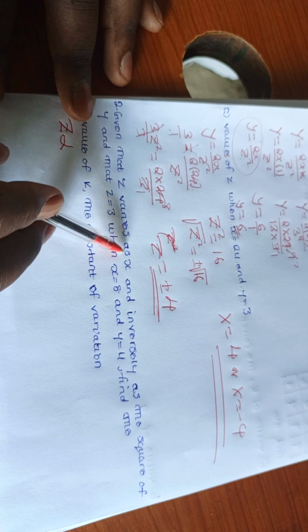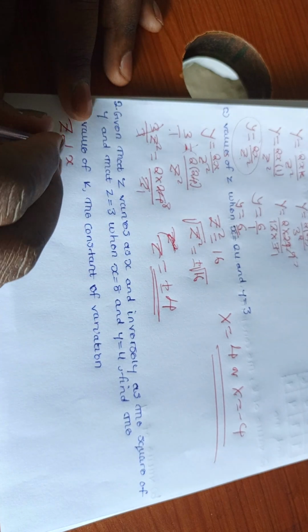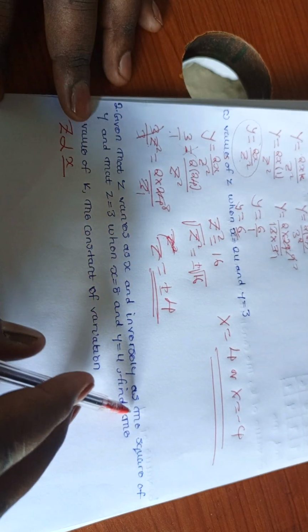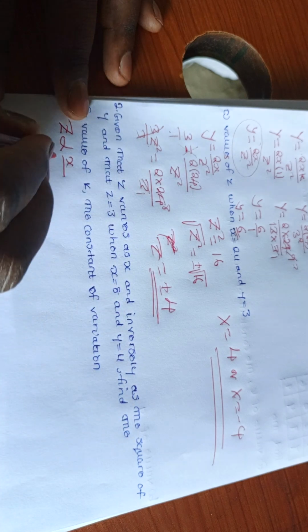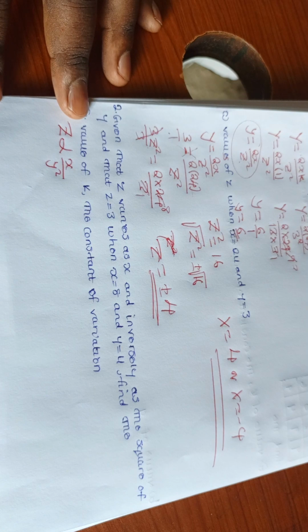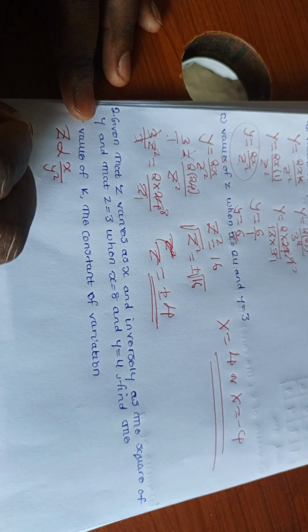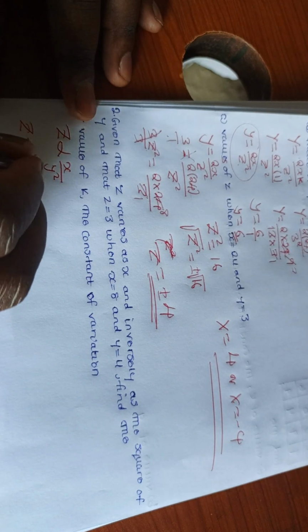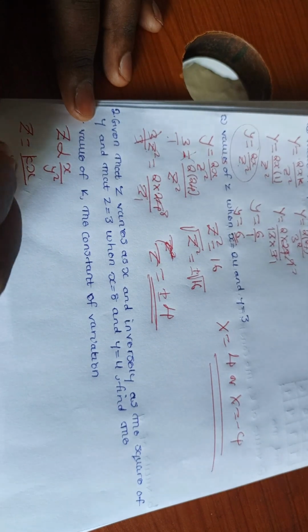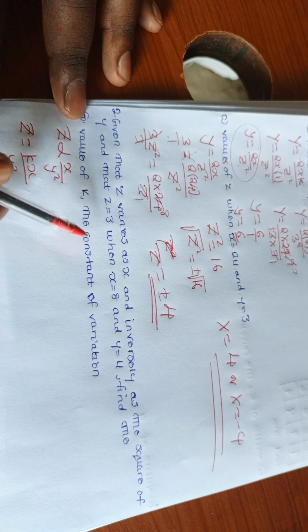So z varies as x, so I'm going to put x here. And inversely means over the square of y. So y square here. So I'm going to introduce k, so I'll say z is equal to kx over y squared. Then the first question said find the value of k, the constant of variation.